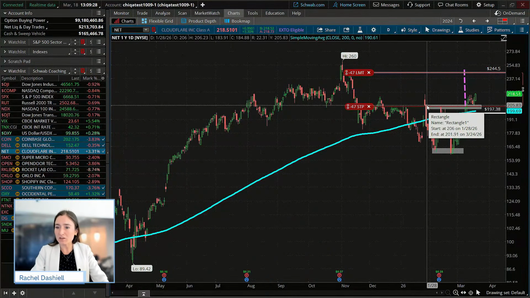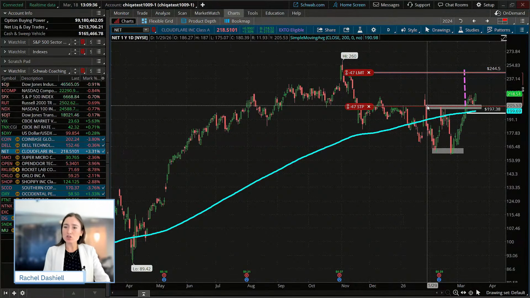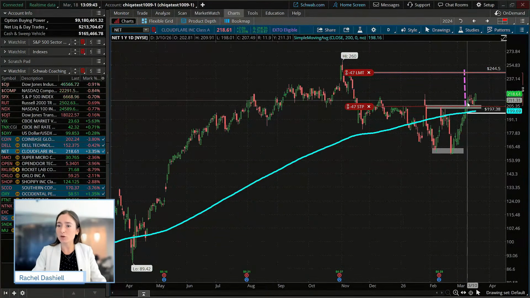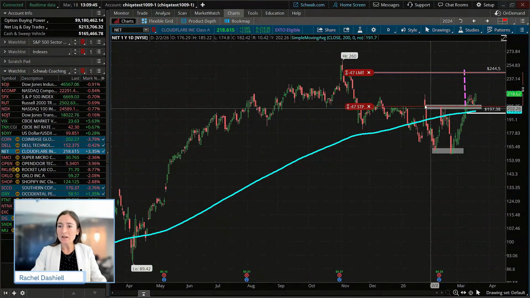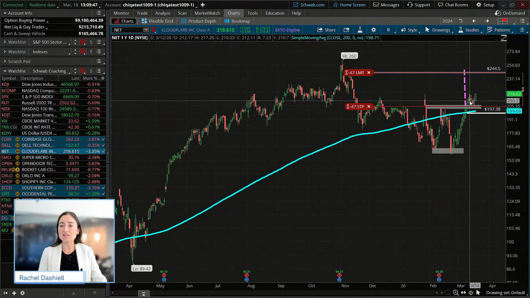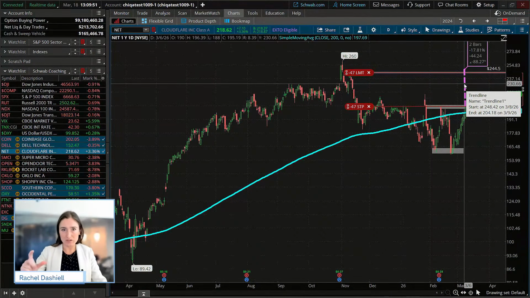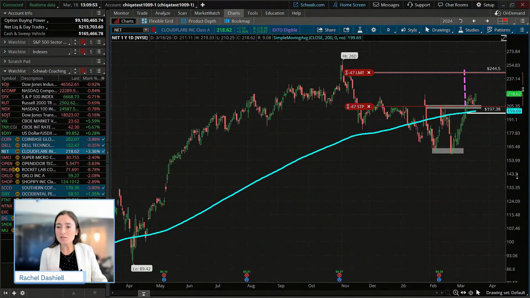Let's talk about how long this pattern took to form. I think we talked about how it's been a little under 2 months. So it was roughly a month and a half or so. So we may want to look a couple months out for expiration, because we know that a lot of times there is symmetry not only in price, with that measured move that we took from the pattern, but there's also a lot of symmetry in the markets with time as well.